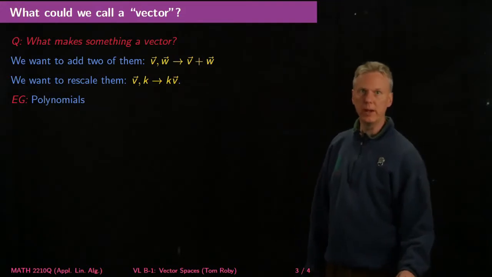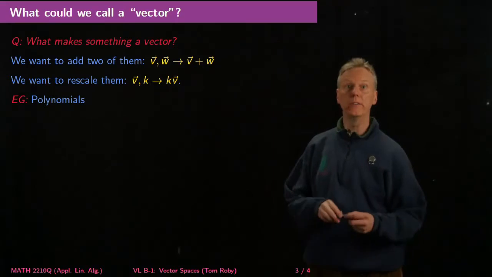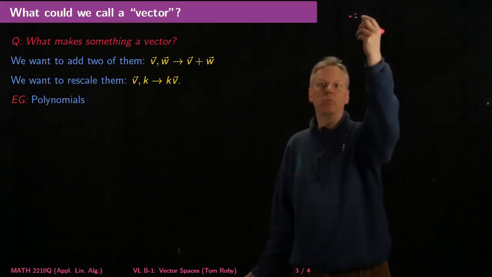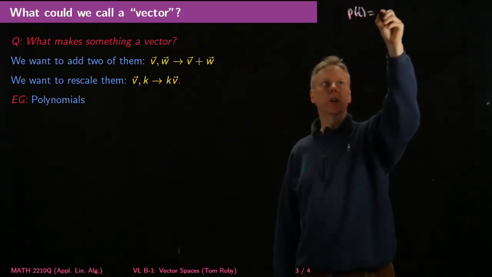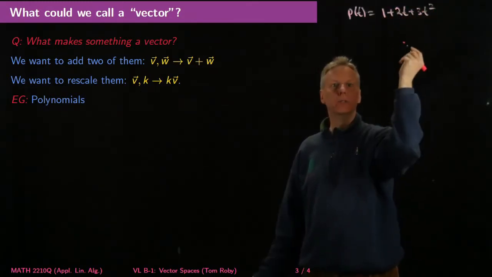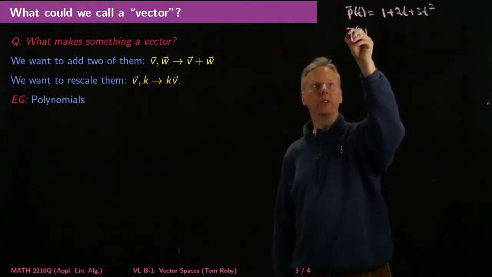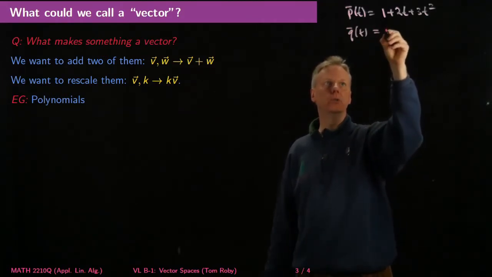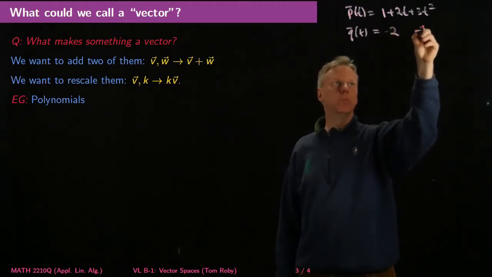Here's an example that you might not have ever thought of as being a vector: polynomials. How is a polynomial a vector? Well, I can add two of them. Suppose p of t is 1 plus 2t plus 3t squared, and I want to add that to q of t, and maybe I'll write little vector bars on them so you know I'm thinking of them as vectors. Suppose q is negative 2 minus t squared.